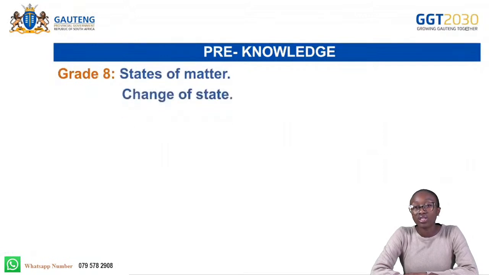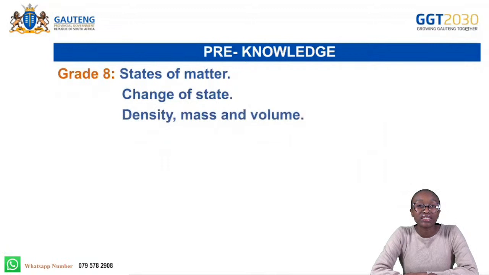We've also learned about change of state, what is needed for a state of matter to change. And then last week we learned about density, mass, and volume. We defined it, and then we described the 3 as well as did some calculations.